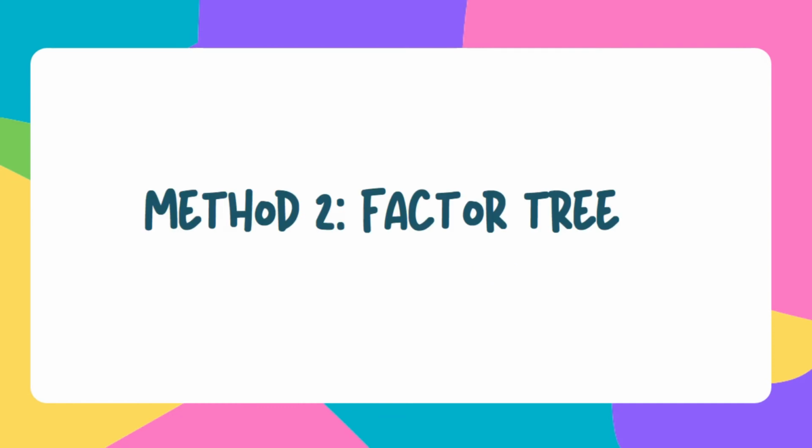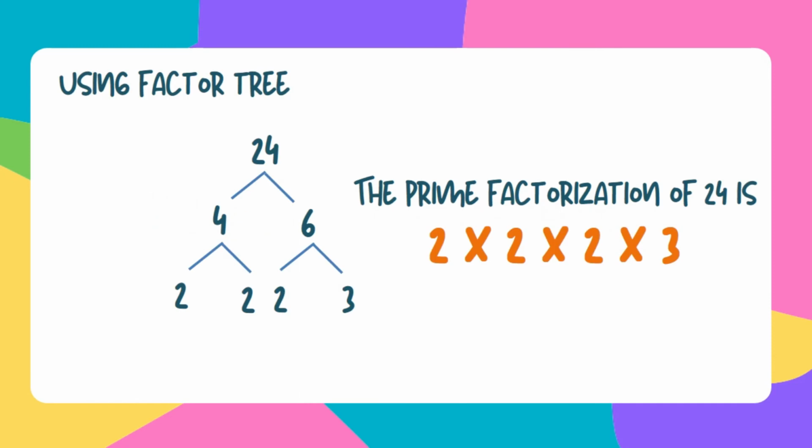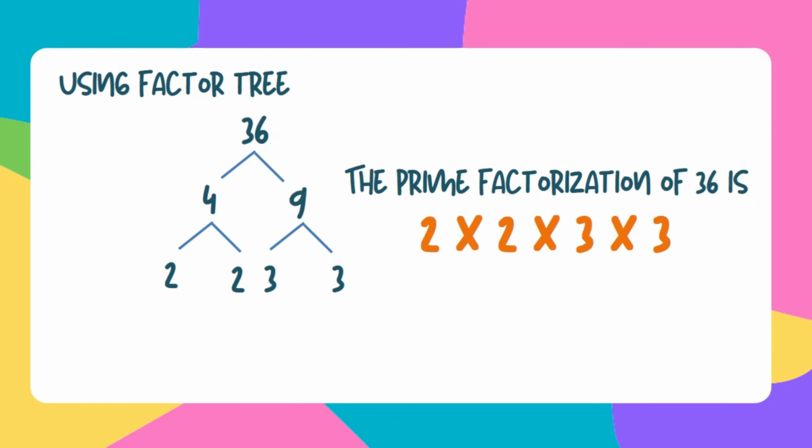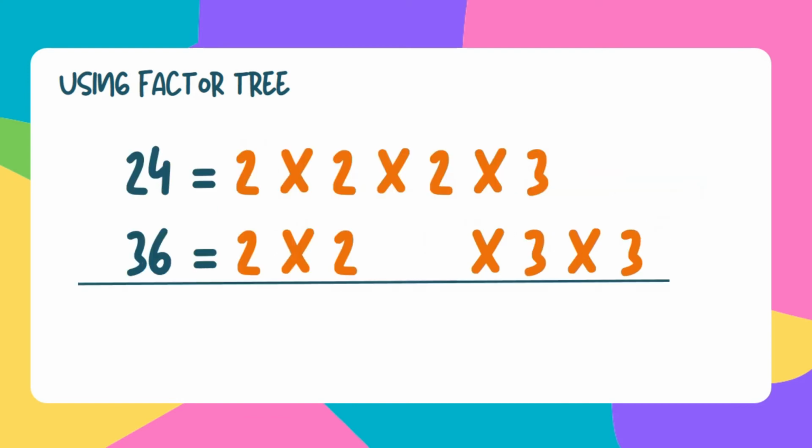Method number 2, factor tree method. The prime factorization of 24 is 2 times 2 times 2 times 3, while the prime factorization of 36 is 2 times 2 times 3 times 3. And then, we are going to list down the prime factorization of 24 and 36.